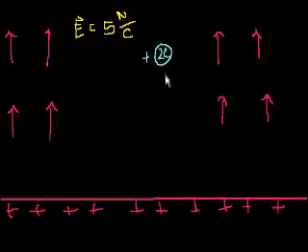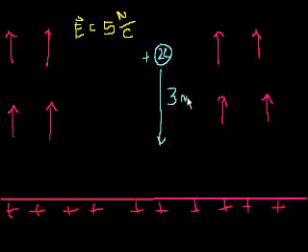How much work does it take to move that 2 coulomb charge 3 meters within this field? So we're going to start here and we're going to move it down towards the plate 3 meters, and its ending position is going to be right here.